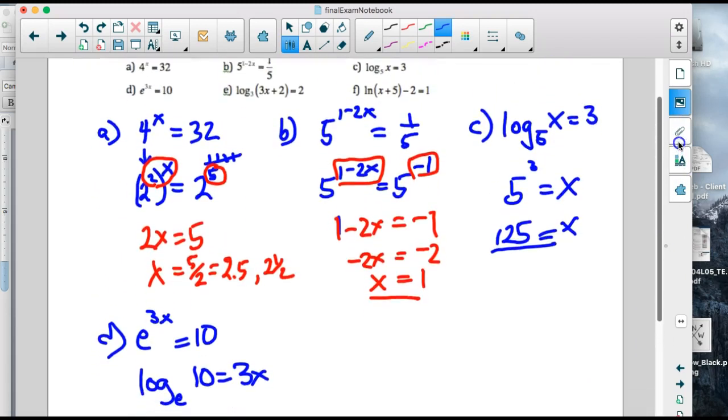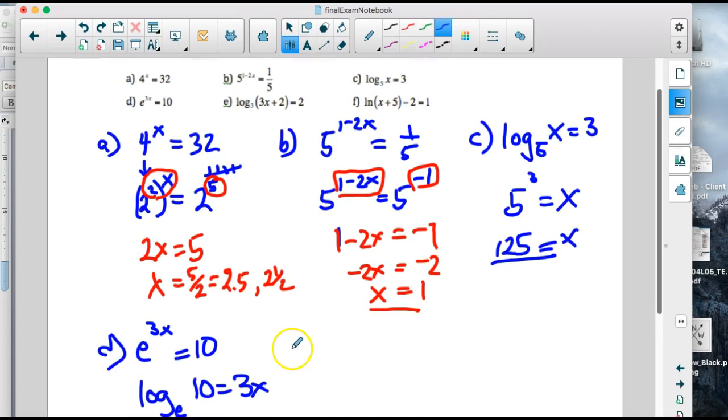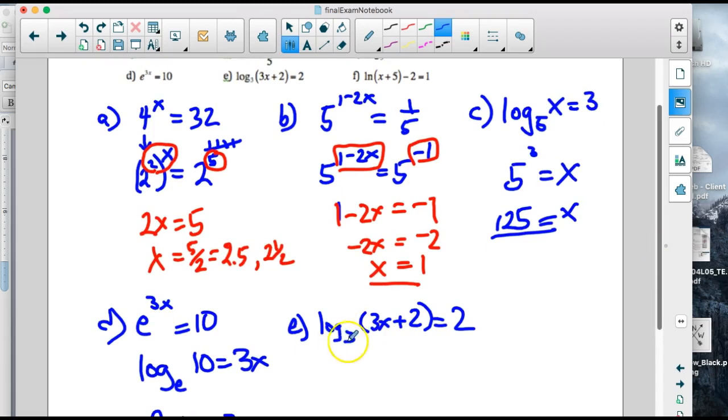All right, E and F, we're going to rewrite those. E is log base 3 of 3x plus 2 equals 2. As we did on D, we're just going to rewrite that. The base is 3, the exponent is 2, and it equals 3x plus 2.